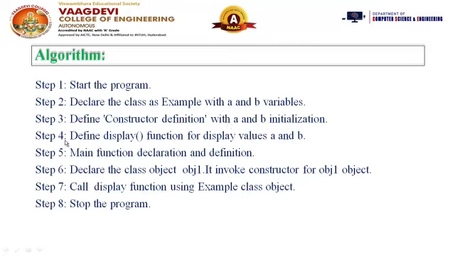In step 4, we define the display member function to display the values of variables A and B. In step 5, we declare and define the main function. In step 6, we create an object for the class and it invokes the constructor automatically. In the next step, we use this object to call the display member function.